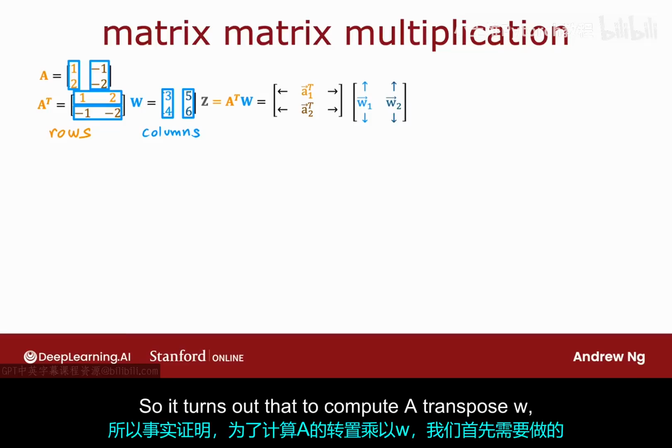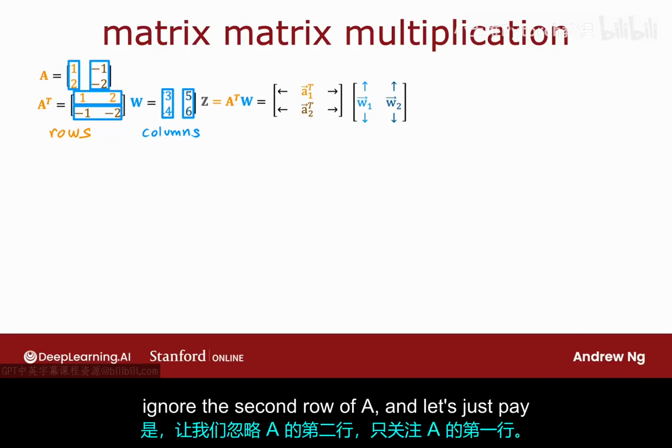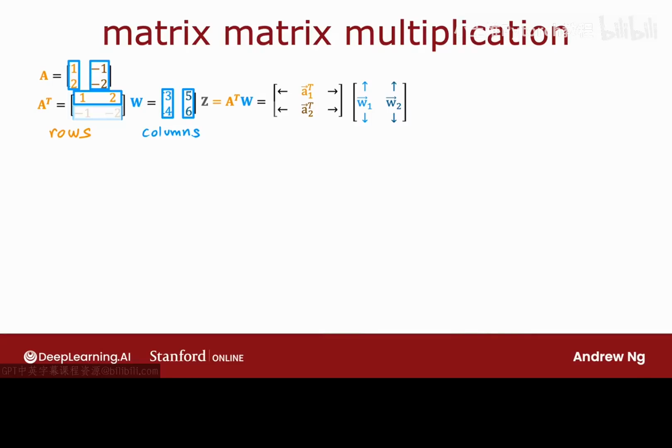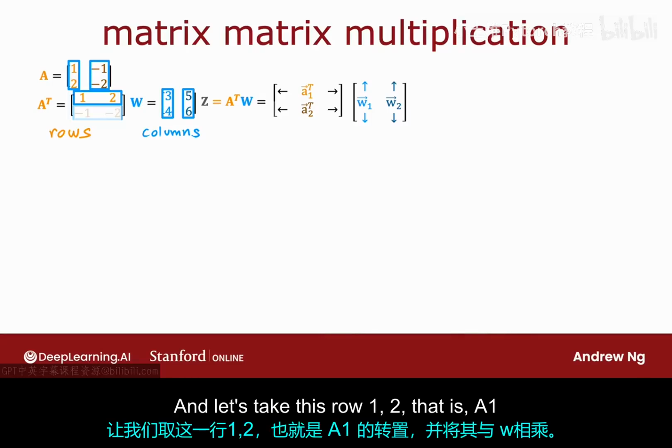So it turns out that to compute A transpose W, the first thing we need to do is let's just ignore the second row of A and let's just pay attention to the first row of A. And let's take this row 1, 2, that is A1 transpose, and multiply that with W.